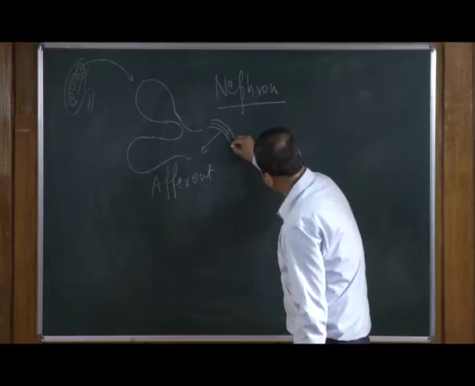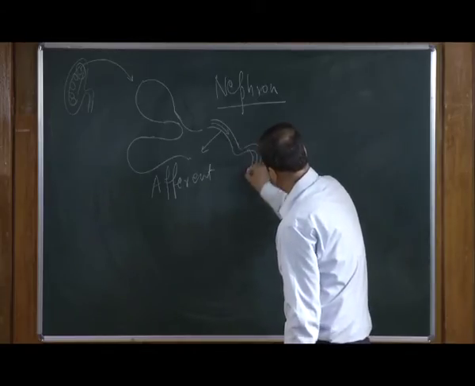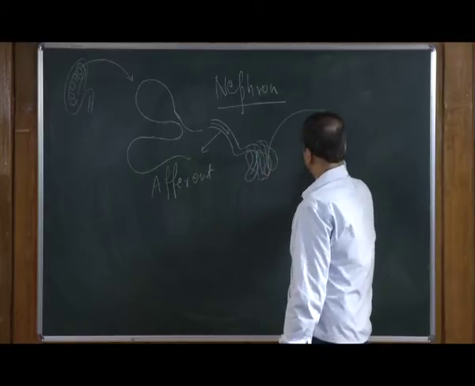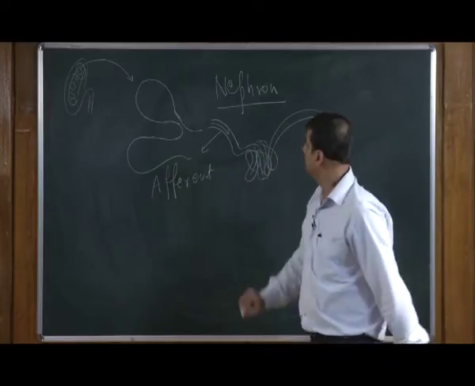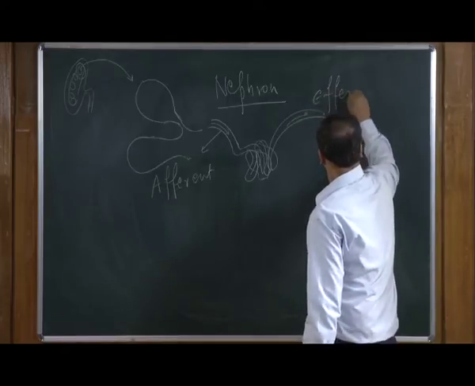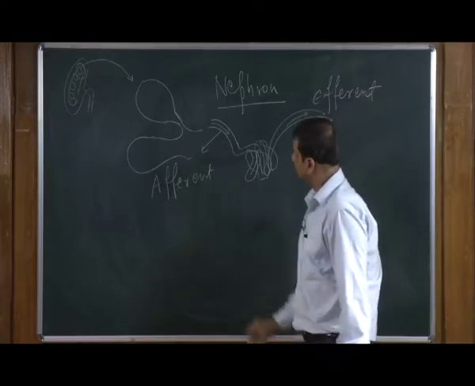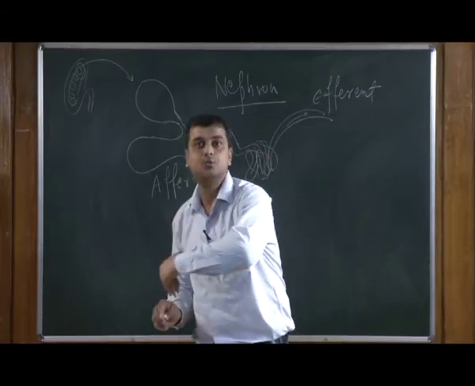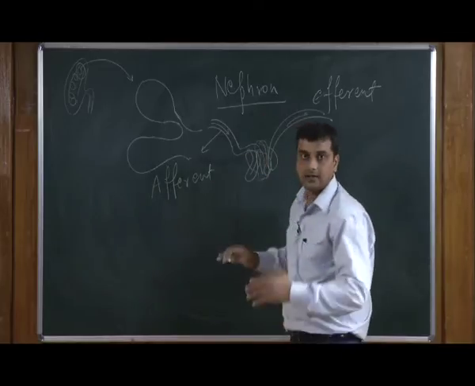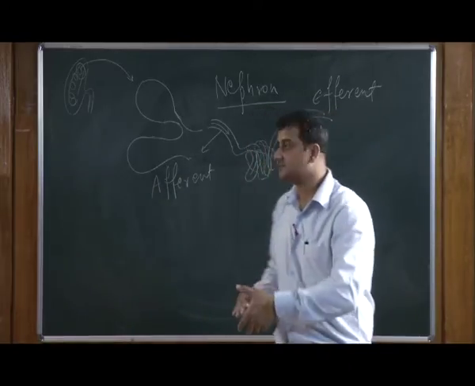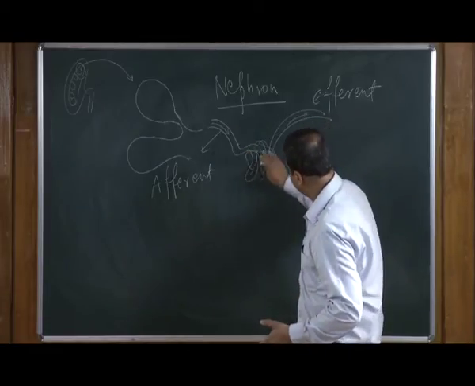This afferent duct has a lot of convolution inside, and we will see it in detail. Then something is going out, and this outgoing duct is called efferent. Afferent duct is the one carrying blood towards the nephron, and efferent duct is the one carrying it out of the system. So this is a filtering unit.